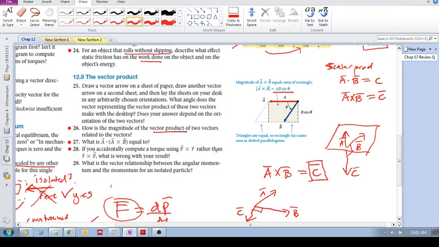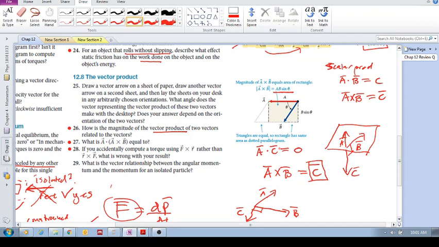Now, what if you say A dot C? Remember, if you've got A dot a vector C, but that vector is perpendicular, then what do we have? Well, we've got 0, right?